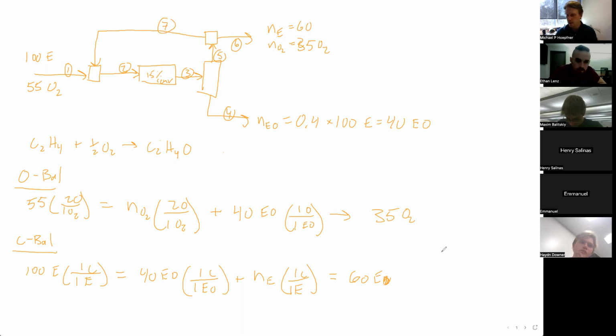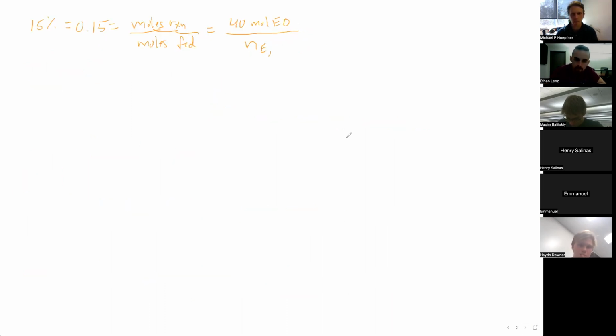All right, so this is actually quite similar to the example we did in class. And I have in my solutions here that the moles of ethylene fed to the reactor is 266.7.